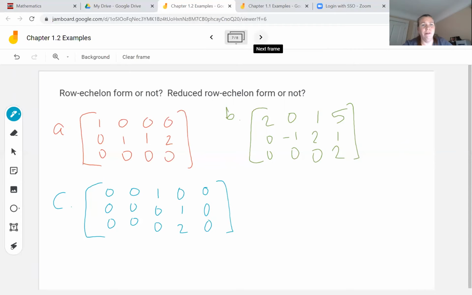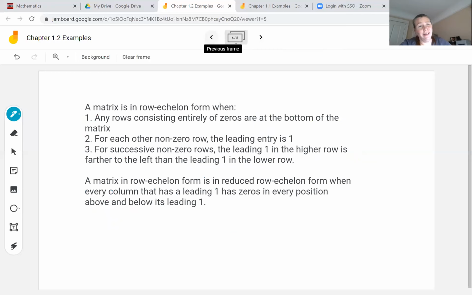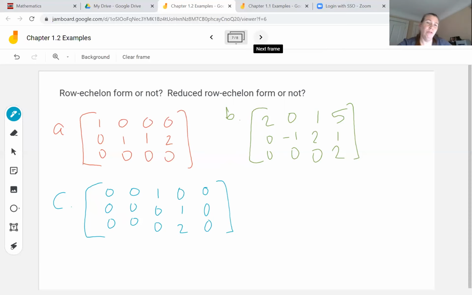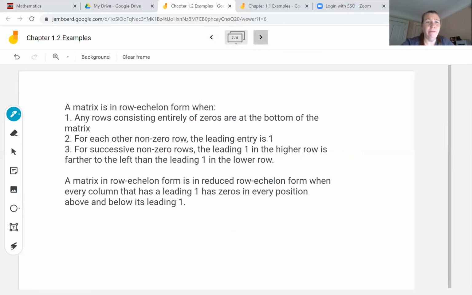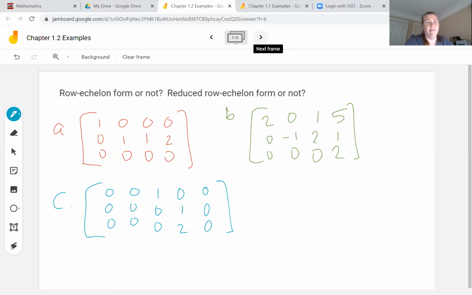Looking at this matrix, the row of zeros is down there at the bottom. Our second criterion is that for each other non-zero row, the leading entry is 1, and for rows 2 and 3, the leading entries are 1. And our third criterion is that the leading 1 in the higher row is further to the left, which is definitely the case. Row 1 has the leftmost 1 here.